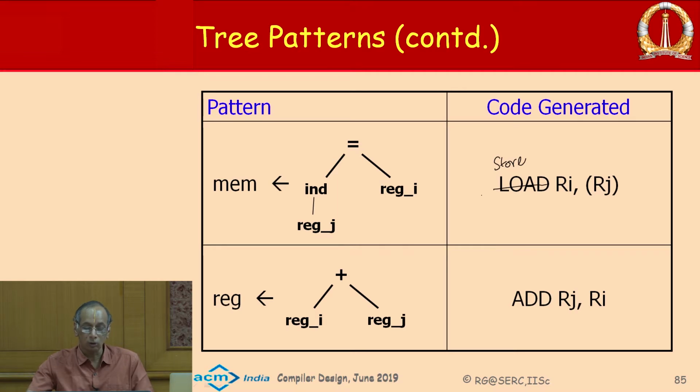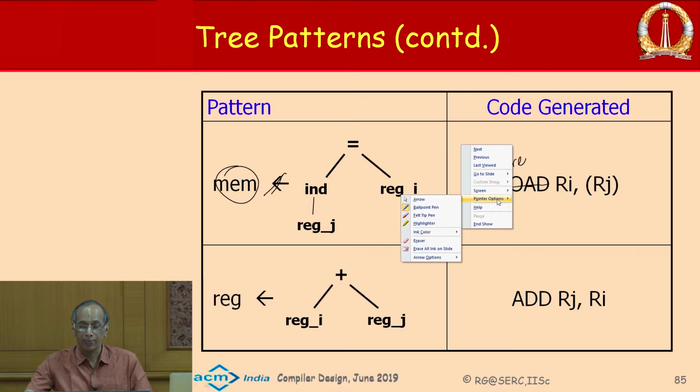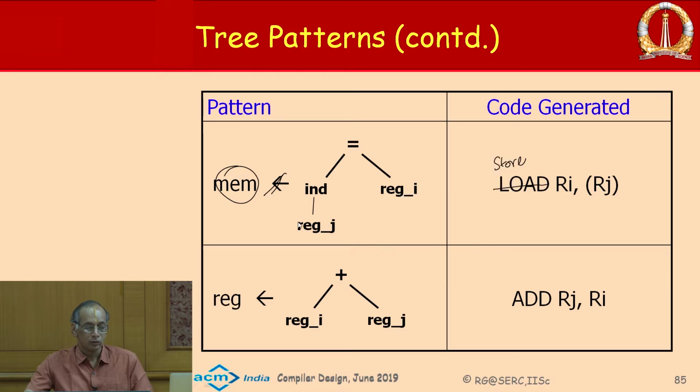I was thinking it is a store, but if it is a store then this should not have been there. So maybe without this you can think of it this way. If you have this pattern, the value of register Rj is used to index, which means you are dereferencing, and in that location you want to write register Ri.